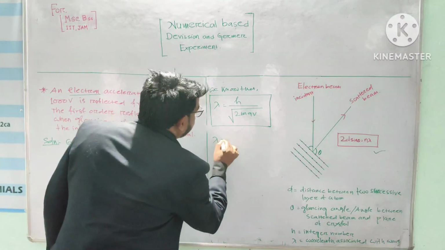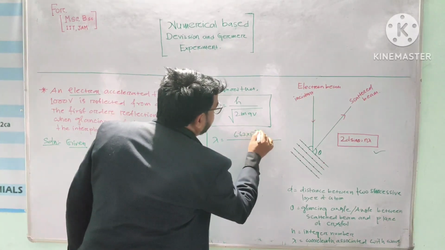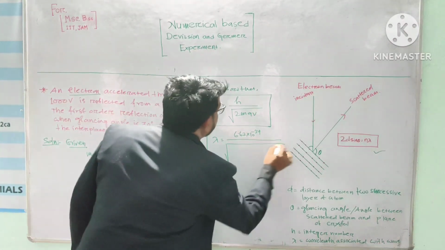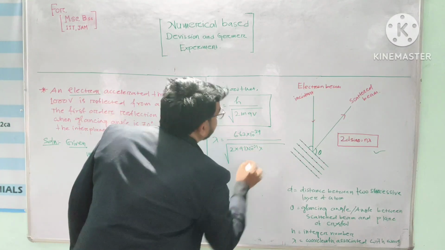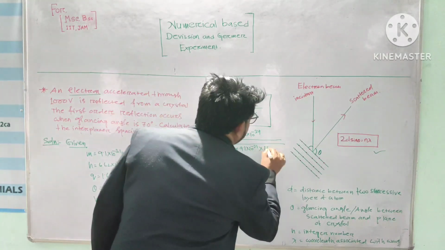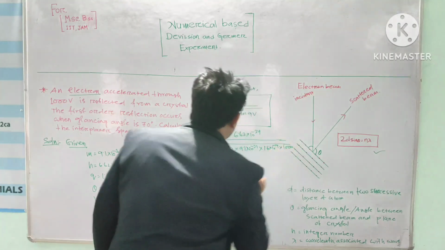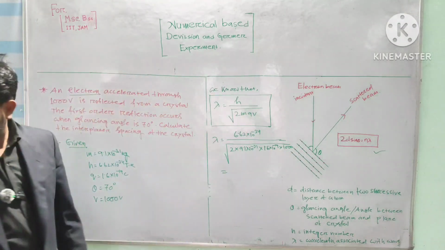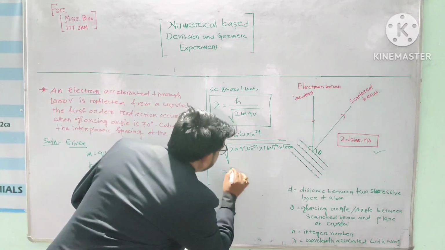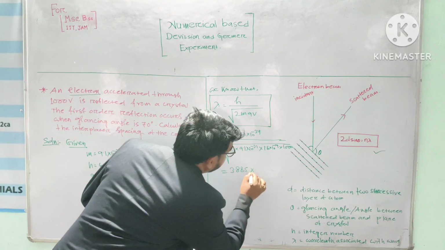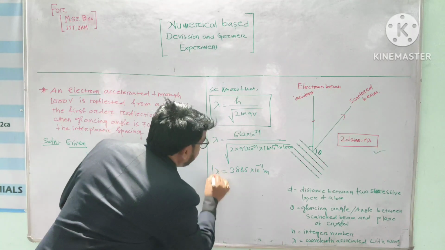So lambda equal 6.62 into 10 to the power minus 34, divided by under root of 2 into mass of electron 9.1 into 10 to the power minus 31, charge of electron 1.6 into 10 to the power minus 19, and potential difference 1000. After solving this part, we will get 3.885 into 10 to the power minus 11 meter. So this is our required wavelength.